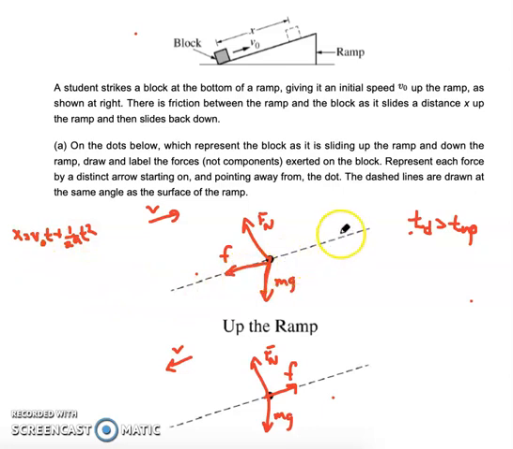At the top, the speed is 0, so the final speed is 0. But I want to remind you that this equation works just as well with final speed times time plus 1/2 at squared. They both work. So if the final speed on the way up is 0 and the initial speed on the way down is 0, then this term is essentially 0.